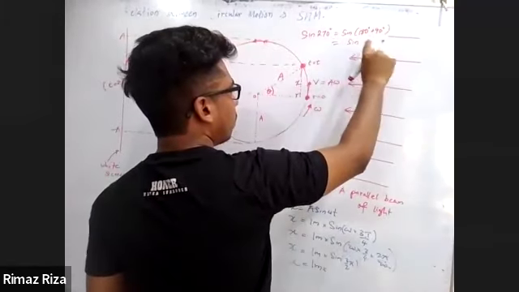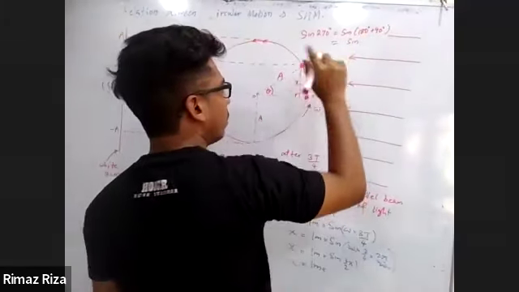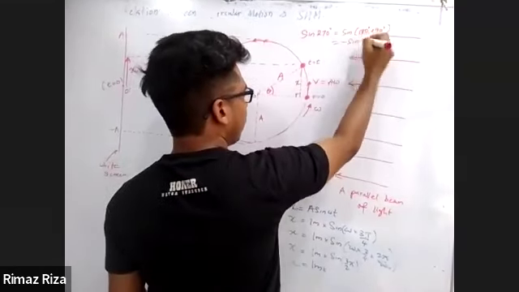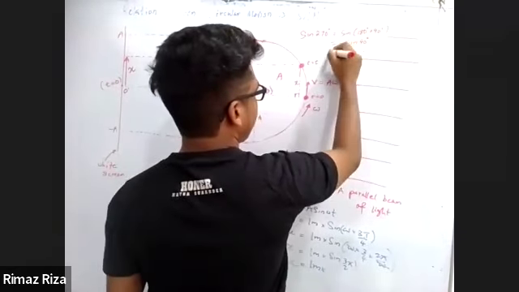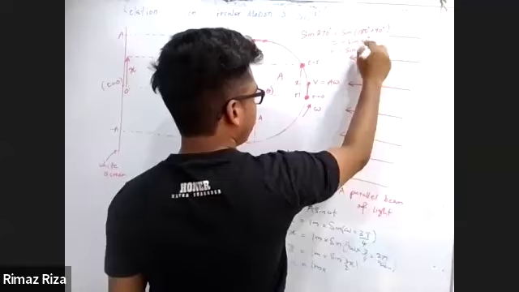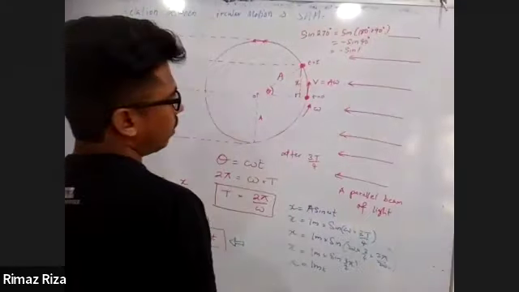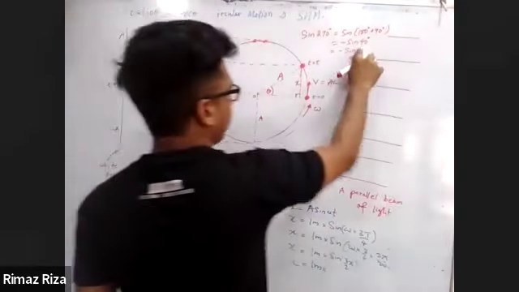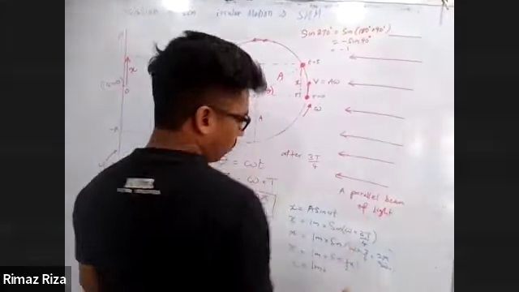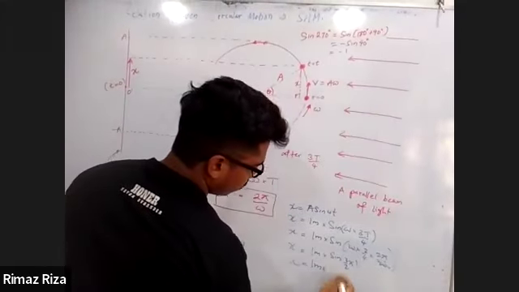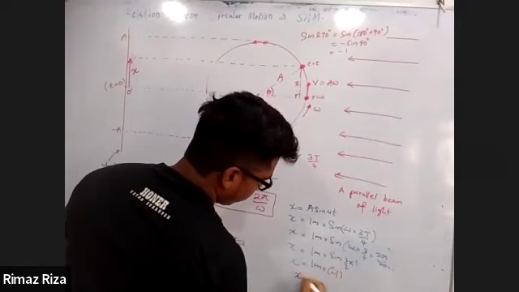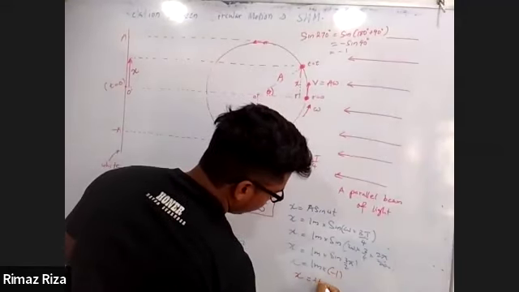In the third quadrant only tan is positive, so it's minus sine 90. Sine 90 is 1, so minus sine 90 is minus 1. So x equals minus 1.